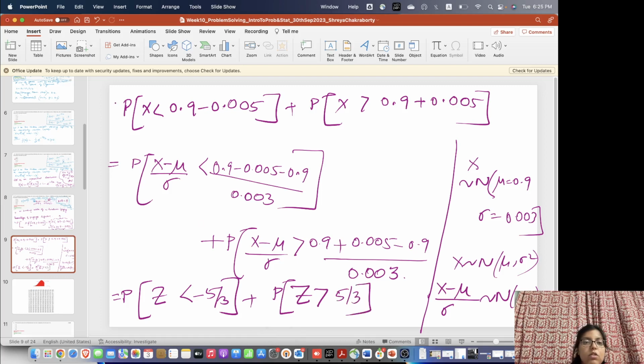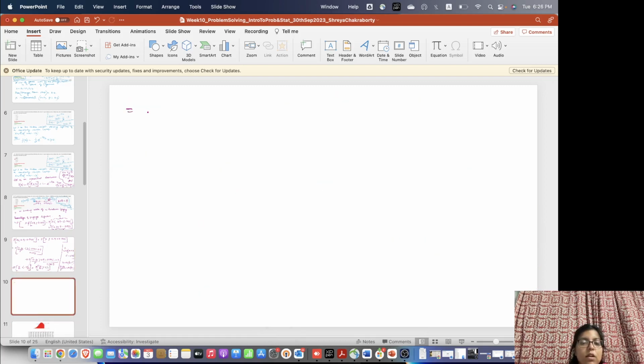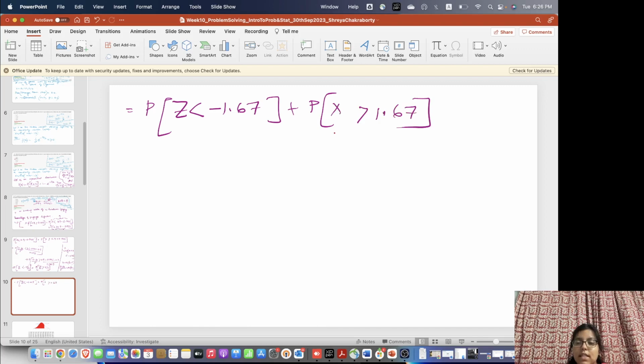So we can write this as the probability Z less than minus 1.67 plus the probability Z greater than 1.67.